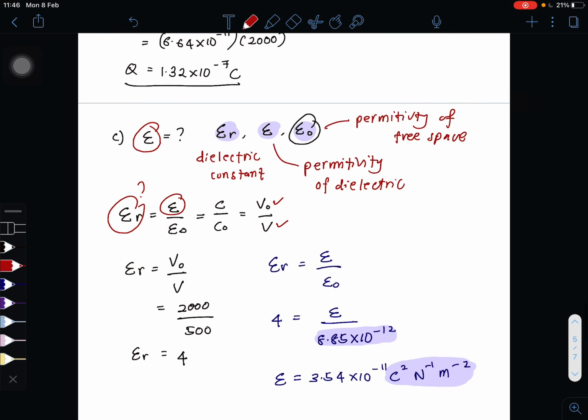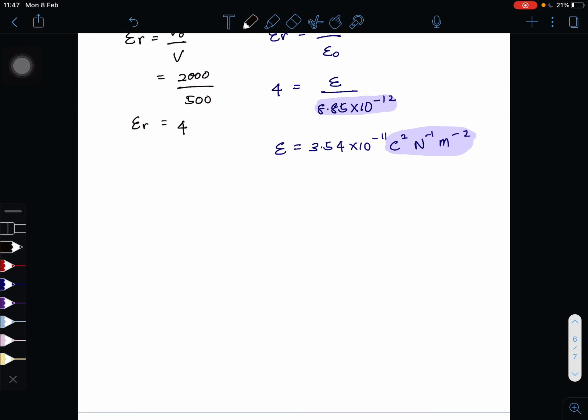So how do we find this? Because it wants the change, question D means delta E, which is initial minus final, because the initial electric field will be higher than the final.